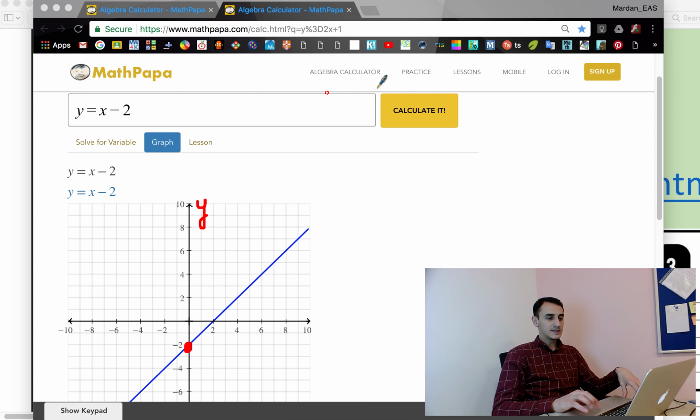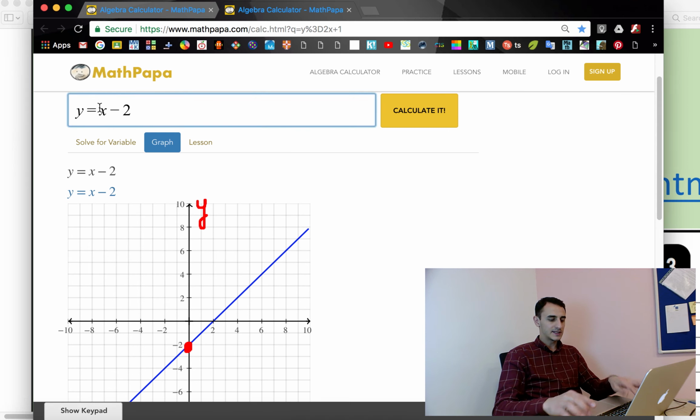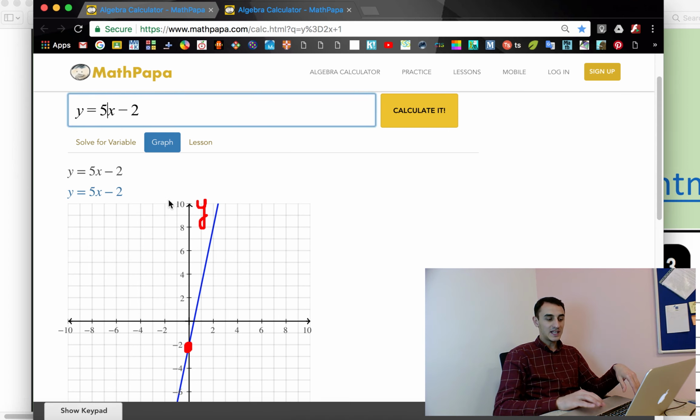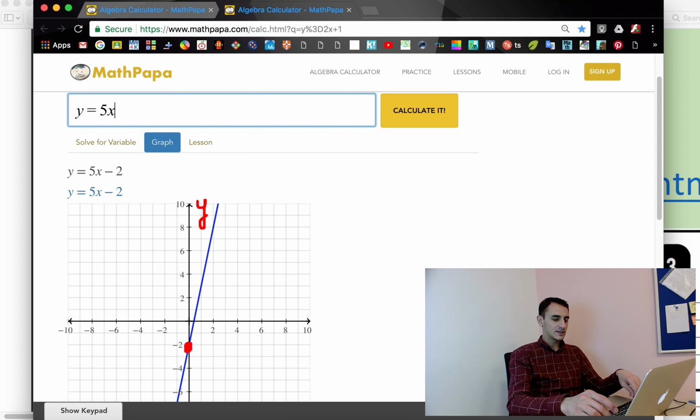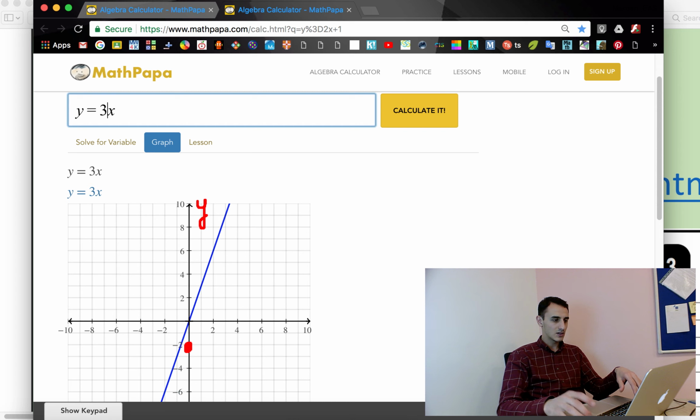So let's change the numbers here. I mean, let's change the slope. Let's write 5x. You see, again it passes through negative 2 if we change the numbers in front of x. Let's try other numbers. Not 5x, let's write 3x. 3x plus 3.